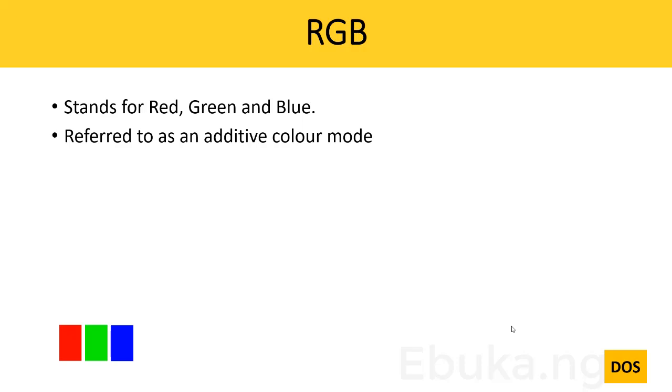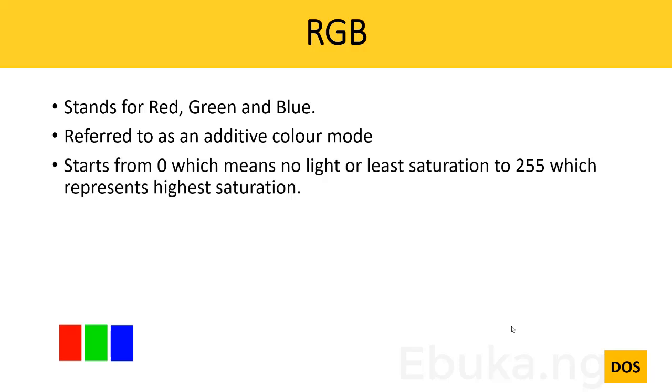When your laptop is off and you turn it on, there is a light that shines at the background of your laptop. So whatever happens on screen is basically light. That means if you add all the colors together in RGB, what you get is white.